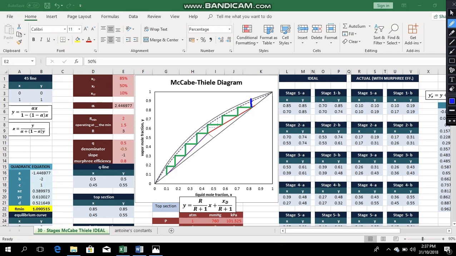We will make steps for the stages. So here up to this dash line, this is called the pseudo equilibrium. So we'll make some lines here up to this pseudo equilibrium only, because this is our actual process. This equilibrium line is just theoretical.